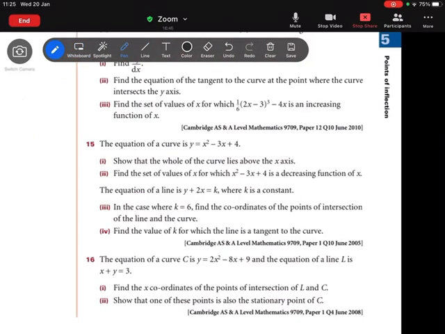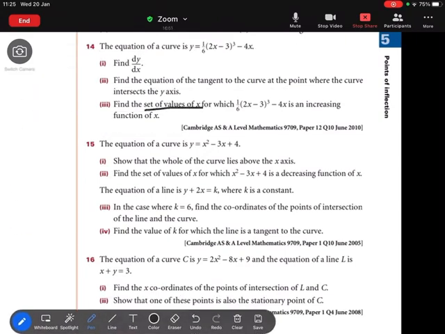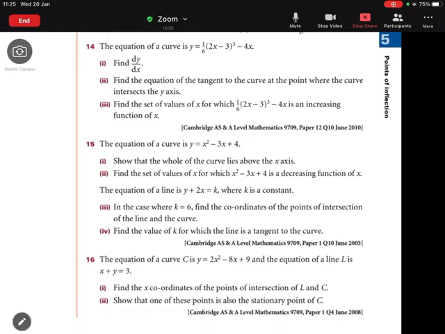So let's go back to our question. We want to find the set of values of x for which the curve is an increasing function. So it's not all values. As you can see, it's a polynomial given that it's raised to 3. And we need to go back to our dy/dx.